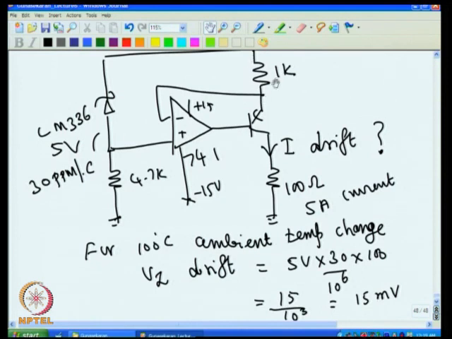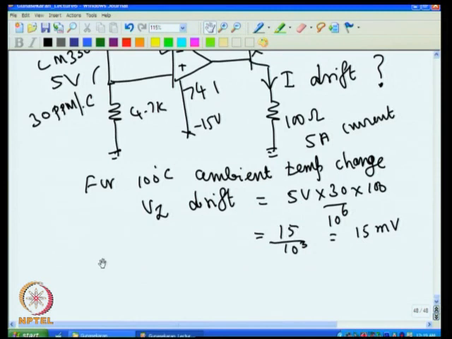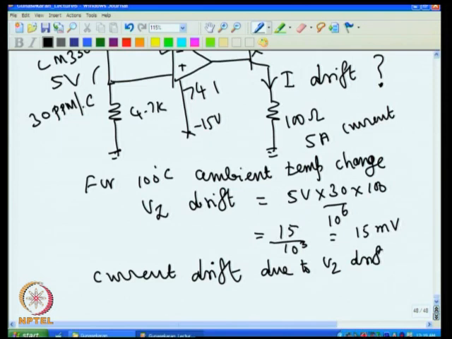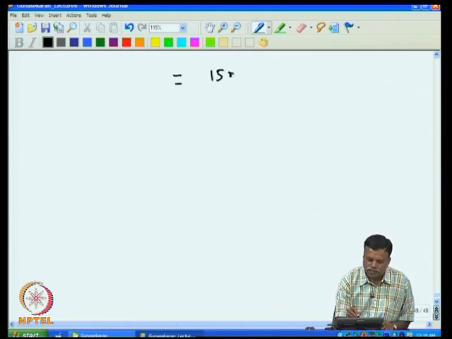That means 15 millivolt change has to occur across this resistance, so what will be the current change? So, the current drift due to VZ drift would be that 15 millivolt, the actual change in the Zener voltage, divided by 1K, that will be 15 microampere.